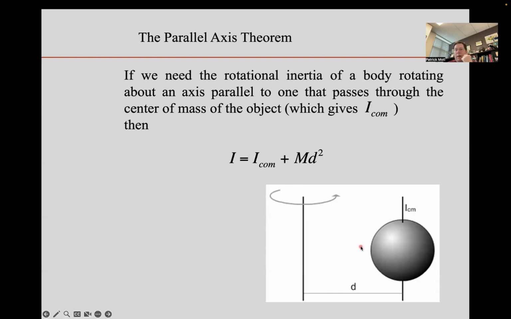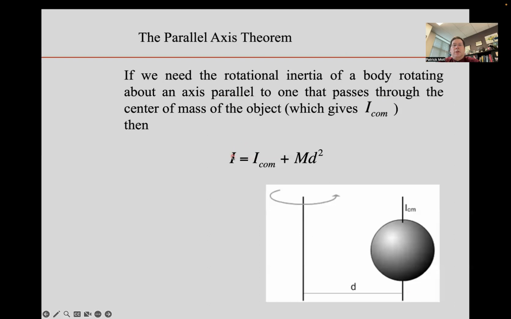So I've got the sphere, and I know its rotational inertia about a diameter running through the sphere. If it's a solid sphere, this is 2/5 m r squared. But now I'm going to take this ball and have it rotate about this external axis, but parallel to a diameter running through the center of mass of the sphere.